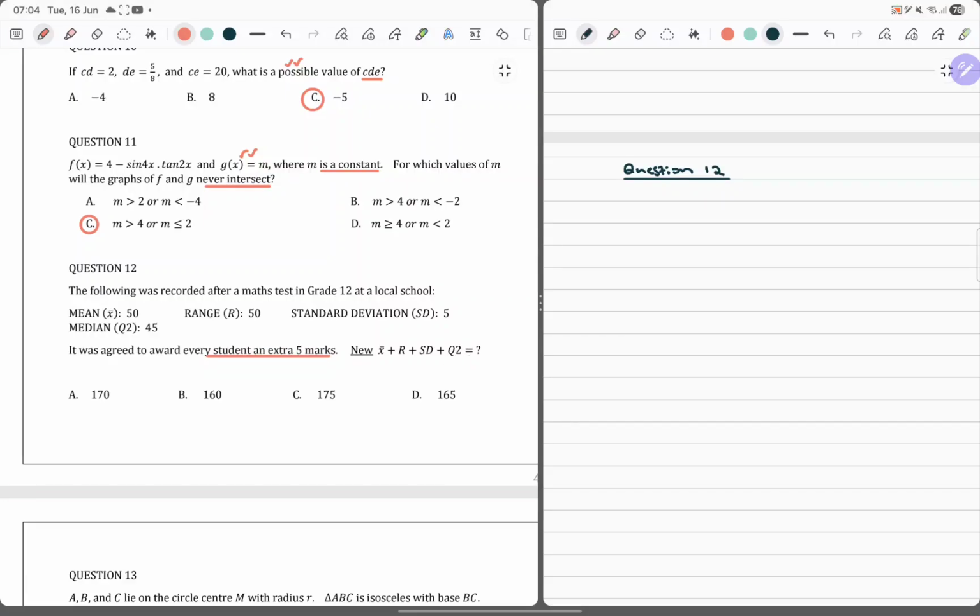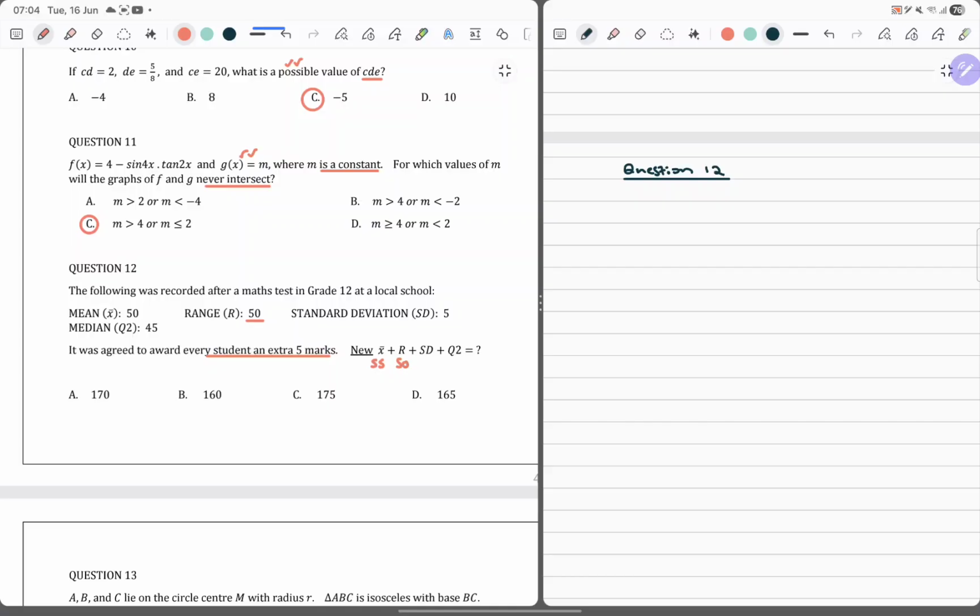So what happens here? Well, I know that the mean, remember a measure of central tendency, when we increase the individual values, will also increase by the same amount. So we know that if x was 50, it's going to now increase to 55. But the measure of spread, if we increase each individual data point by a particular number, doesn't change, so it remains 50.